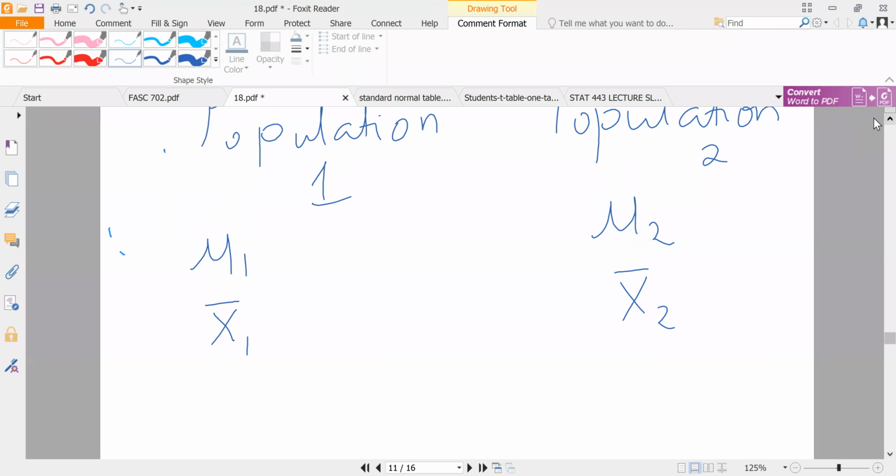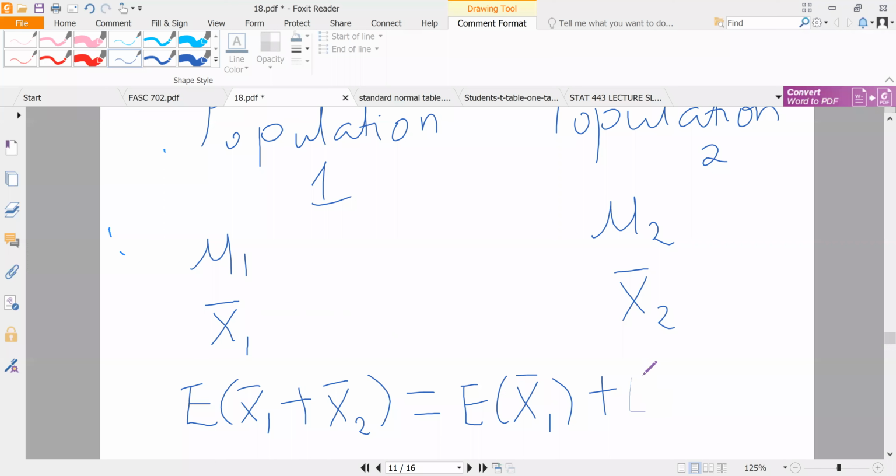Now, if X bar 1 and X bar 2 are sample means from populations that are independent, then the expectation of X bar 1 plus X bar 2 is equal to the expectation of X bar 1 plus the expectation of X bar 2.